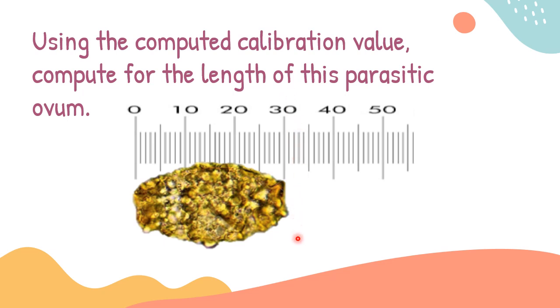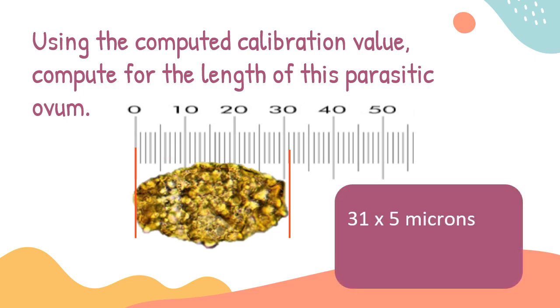Okay, how long is this parasite in ocular units? It's 31 ocular units. And you know that each small line of this ocular micrometer is worth 5 microns. So that is 31 times 5 microns is equal to, correct, 155 microns. So basically, that's how you will do micrometry.